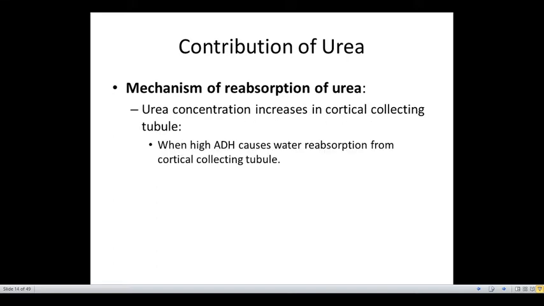Urea concentration increases in cortical collecting tubule when high antidiuretic hormone causes water reabsorption from the cortical collecting tubule, as urea is not very permeant in this part of the tubule.